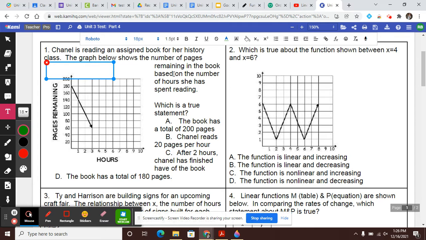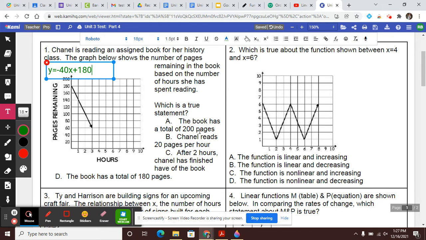Yesterday we said, going from here to here, in 1 hour she reads 20, 40. So we're taking 40 pages out every hour, and we start with 180 pages. So that's our equation. We're looking for what is a true statement.